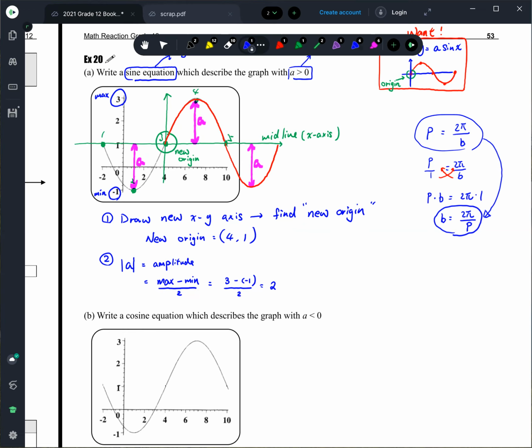Before we wanted to find a new period, now we want to find b. We want to get a, b, c, d. All right, so to find the b values, we take 2 pi divided by our period.